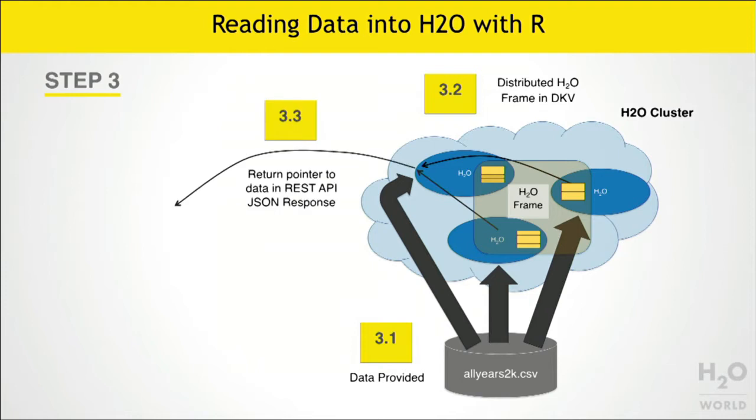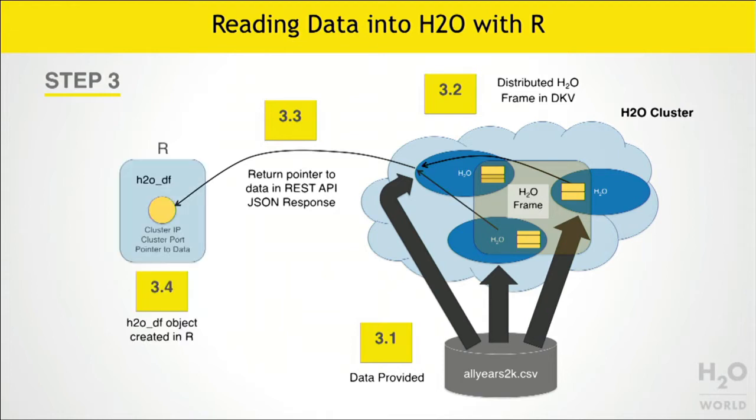The distributed data frame is then summarized, and all the summary statistics are passed back into R as a JSON response, which we parse in R. We turn it into an S4 R object, which we call an H2O frame. It looks and feels like a data frame, with the exception that it's only a pointer to the actual frame sitting distributed on the H2O cluster.